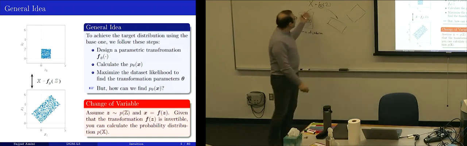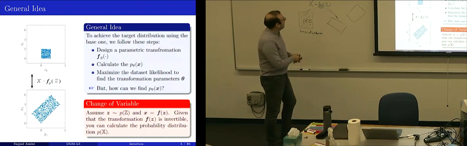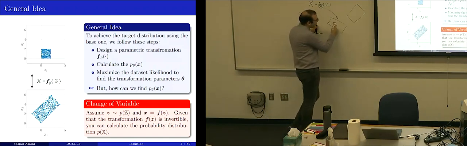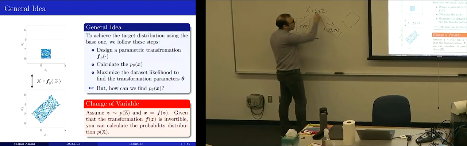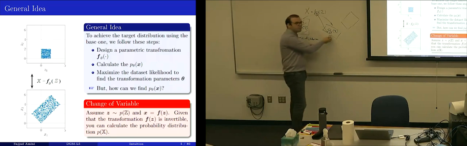If I transform the base distribution using this transformation, I have a new distribution. I call it p theta of x. Why p theta? Because this distribution is a function of theta, because the transformation is a function of theta. So the new distribution is a function of theta over a new random variable x.